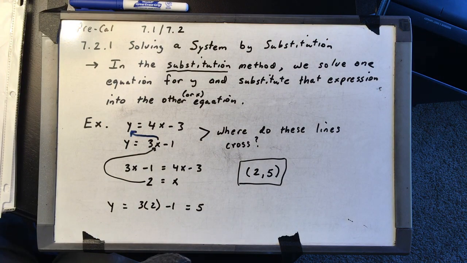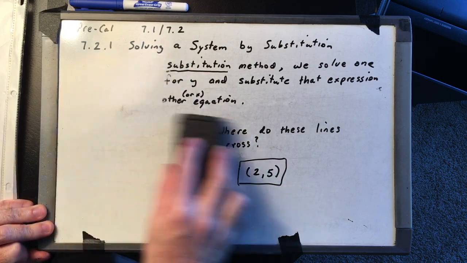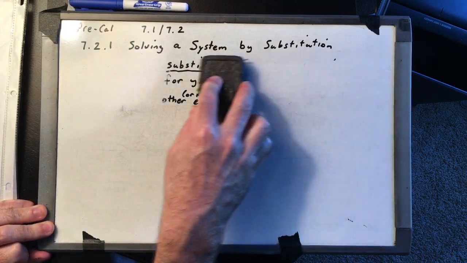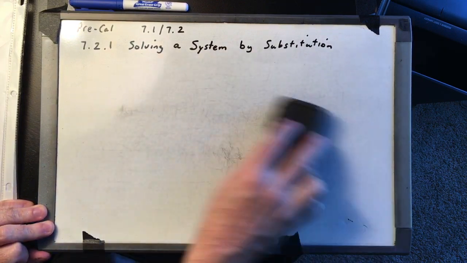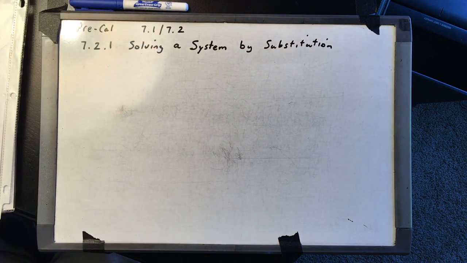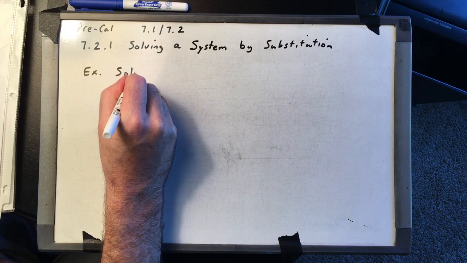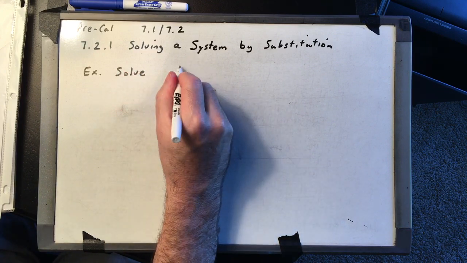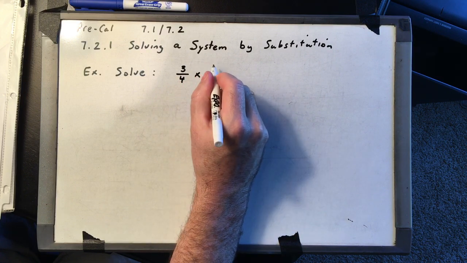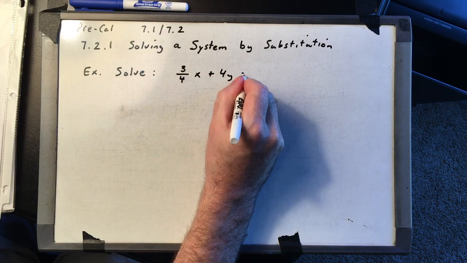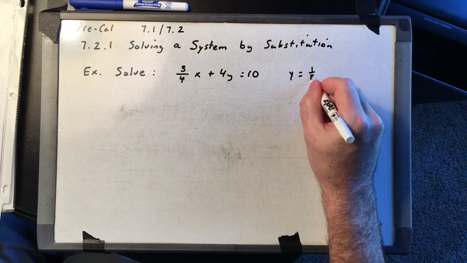All right, so let's do one a little more challenging. Little fancier answer. So let's solve this system. We'll have 3/4 x plus 4y is equal to 10, and y is equal to 1/2 x.